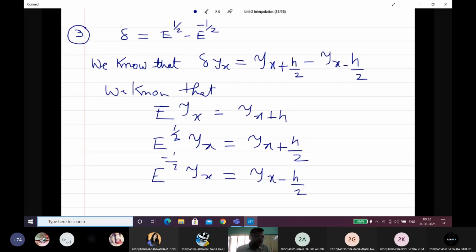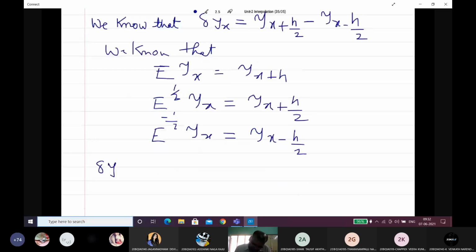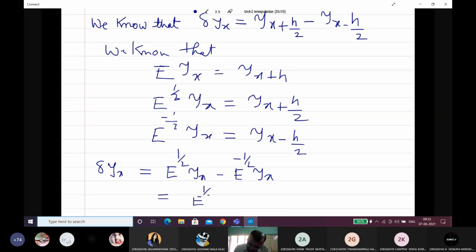So we have to substitute this formula in the above, right? That is, delta of yx is equal to E of 1 by 2 yx minus E of minus 1 by 2 yx. We rewrite this as E of 1 by 2 minus E of minus 1 by 2 of yx.